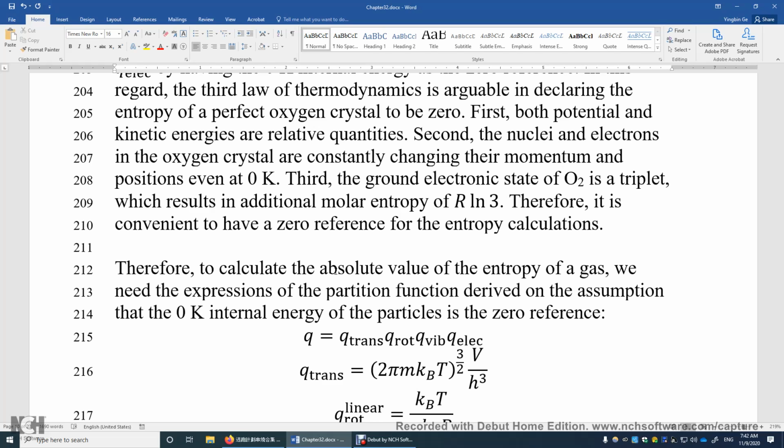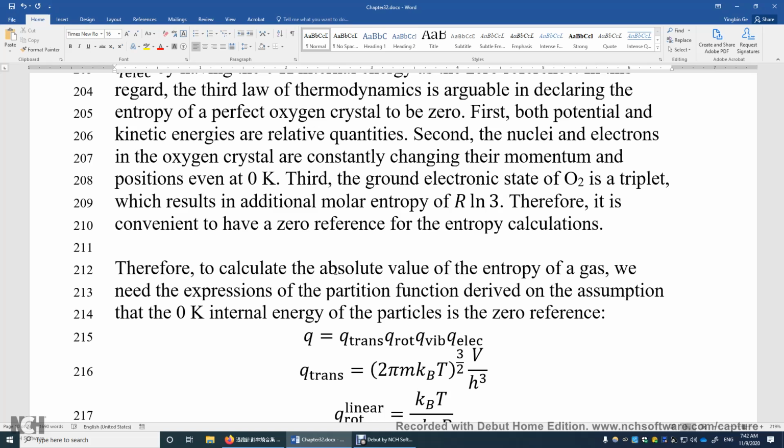But if you need to calculate the rotational entropy of the molecules in a liquid, it's very difficult because all molecules are undergoing hindered rotation.